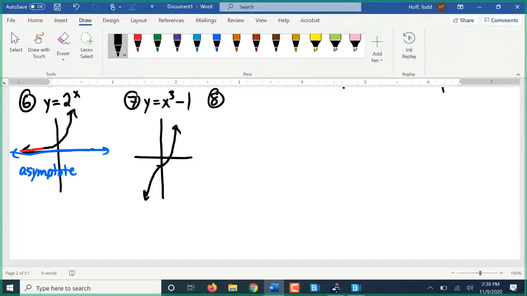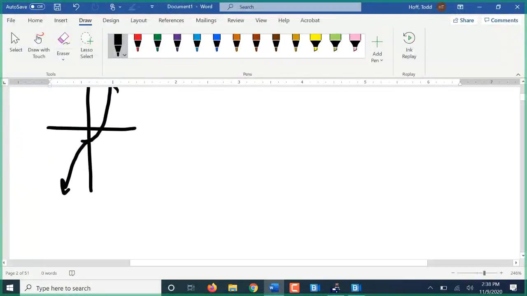Number 8. This is a tough one to graph. Y equals 8 over x. Now, first of all, if you tried to put 0 in for x, 8 divided by 0 is an error. You cannot divide by 0. So x cannot be 0 in this equation.